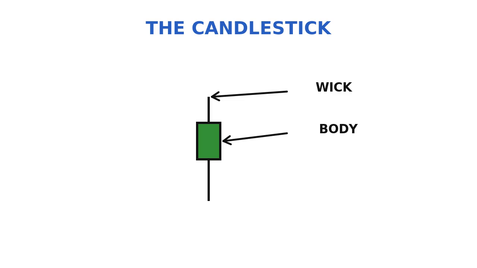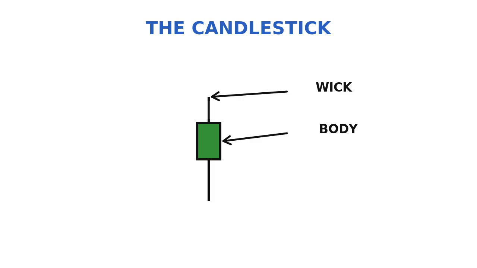Layer 1, the basic building block, the candlestick. Most stock charts are not simple lines. They're made of little candle shapes, and each candle tells you the story of one slice of time, one day, say, or 1 hour. A single candle packs in 4 facts. Where the price opened, where it closed, its highest point, and its lowest.